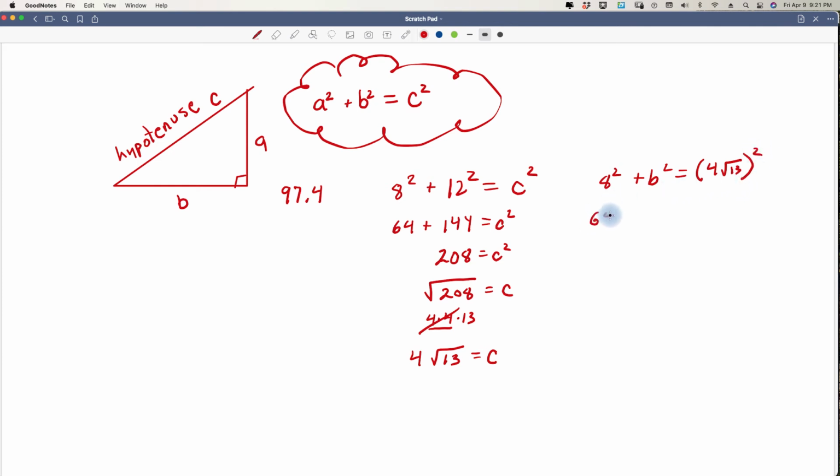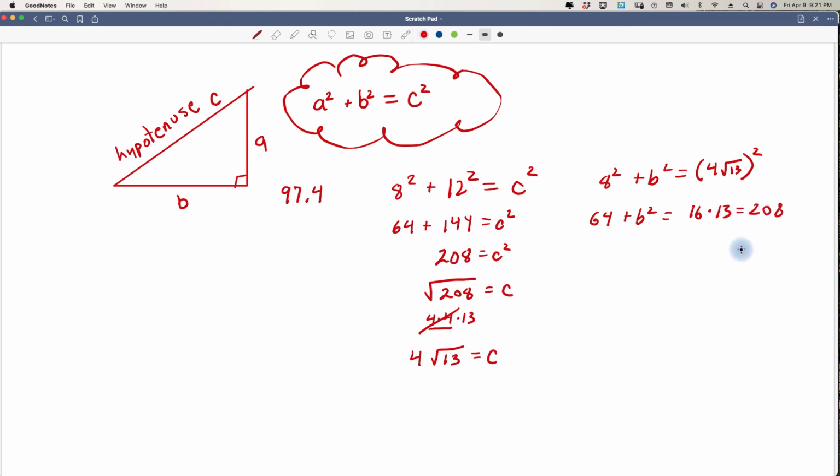So that'll be 64 plus b squared equals, and we know that we can square this and multiply it times this, right? So that would be 8. No, that'd be 16 times 13.